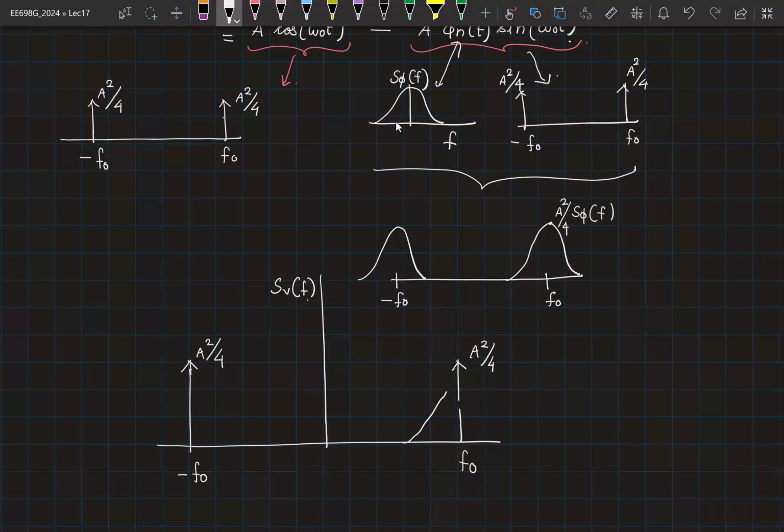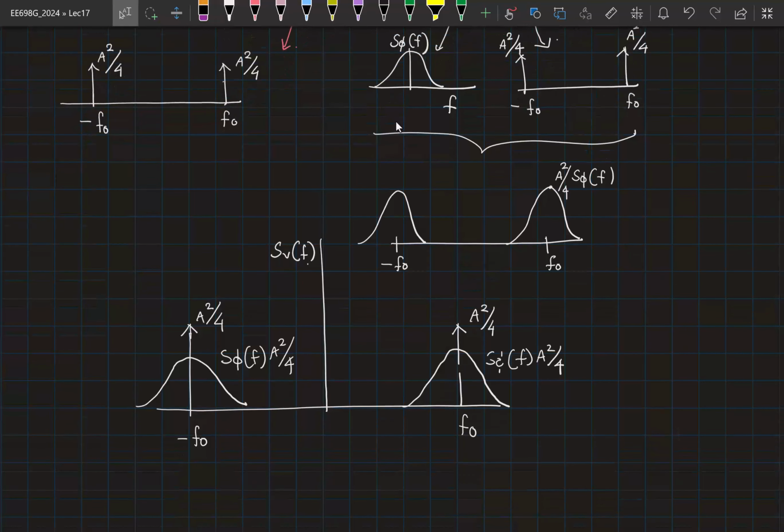And then you get the scaled version of S phi of f into A square by 4 appearing around it. So this is the two-sided SV of f.